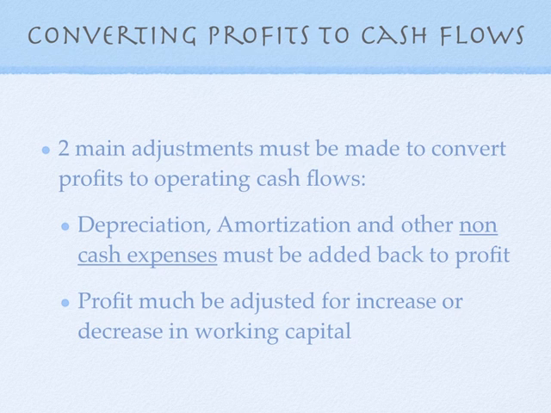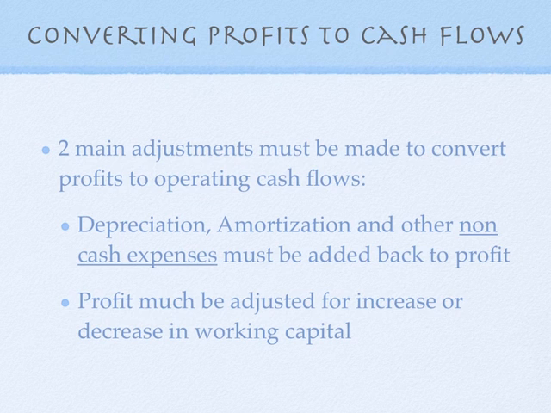One is the adjustment for depreciation, amortization, and other non cash expenses. These must be added back to the profit in order to arrive at the operating cash flow. Why is that? Because depreciation and amortization do not involve any cash flows. Neither do we receive any money, nor do we pay anybody when we depreciate or amortize a long term asset.